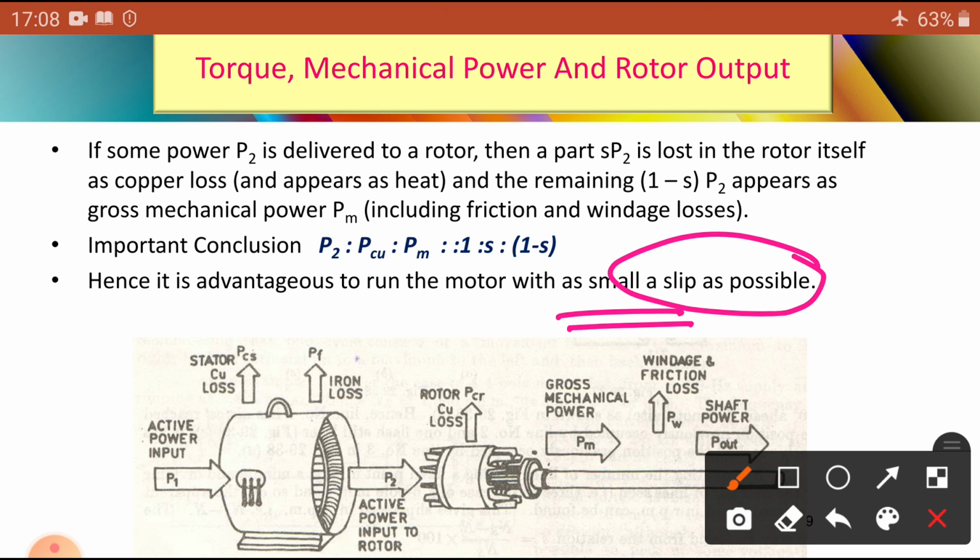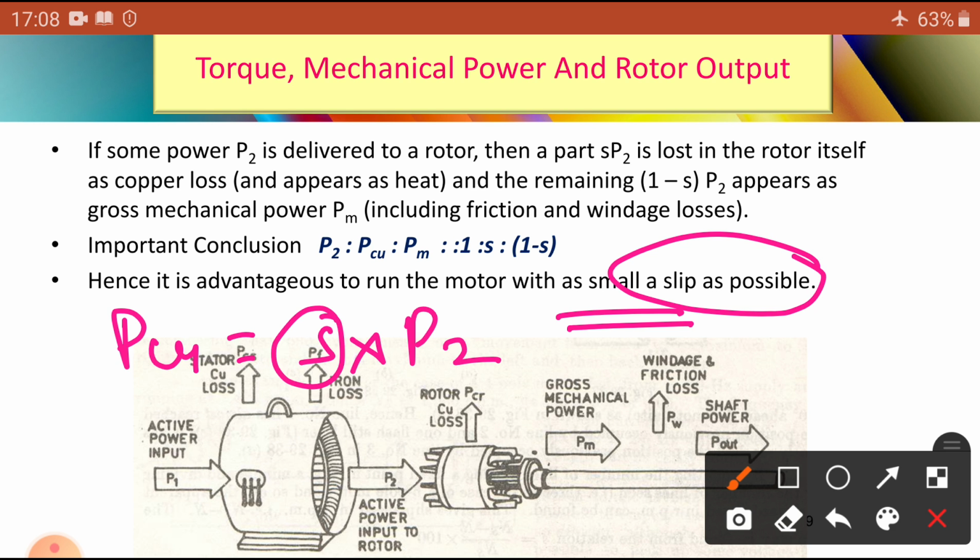Otherwise what will happen? I want the copper loss. P copper loss is equal to slip into P2. So if the slip value is 4%, for example, and P2 is equal to 100, then 4% of 100 gives only 4, a copper loss of 4 watts.